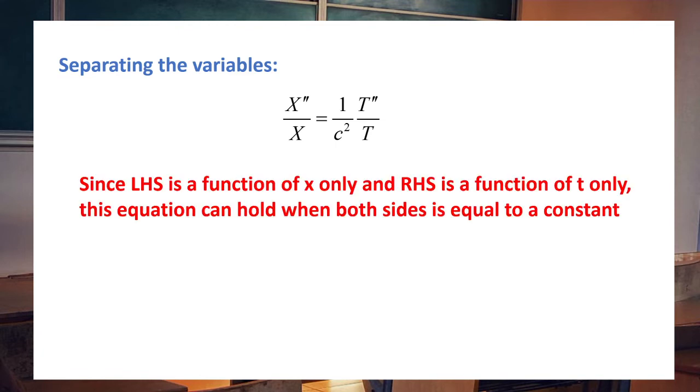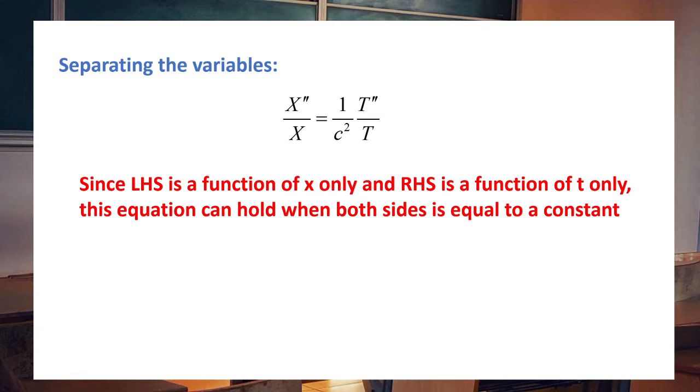Separating the variables, we get X double dash by X equal to 1 by c² into T double dash by T. Now the left hand side is a function of x alone, and on the right hand side we have the variable t alone.